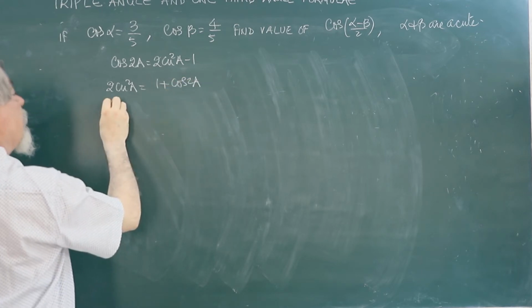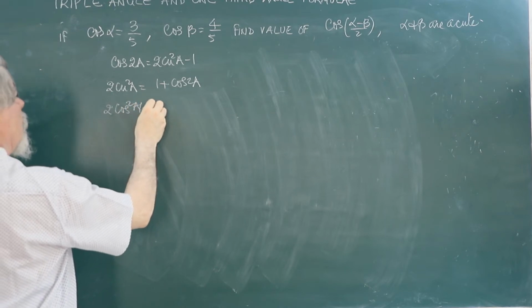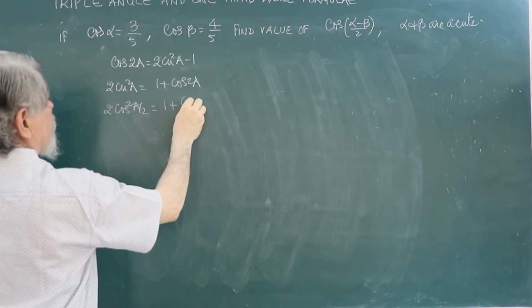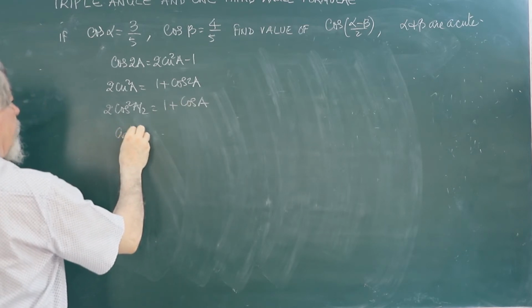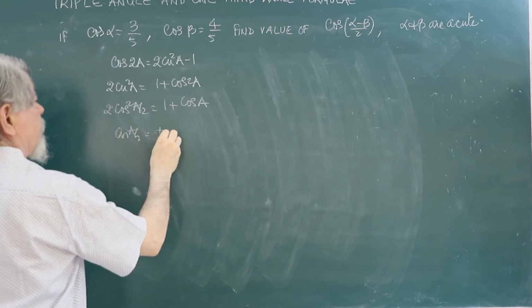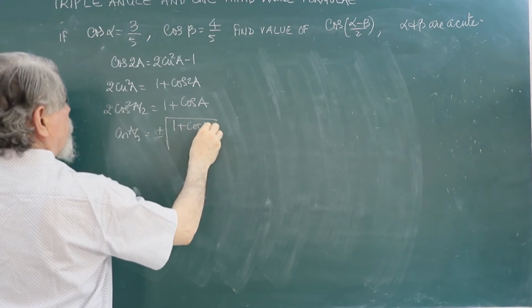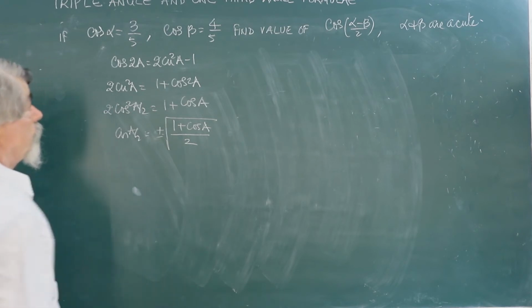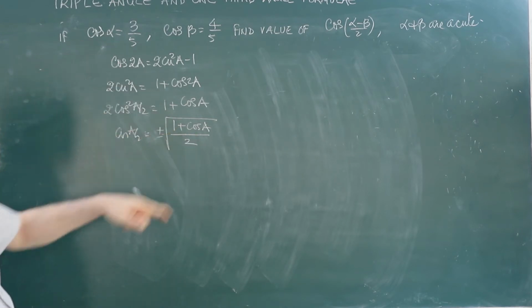Or I would say 2 cos square A by 2 will be 1 plus cos A. Or I would say cos A by 2 will be plus minus under root 1 plus cos A upon 2.